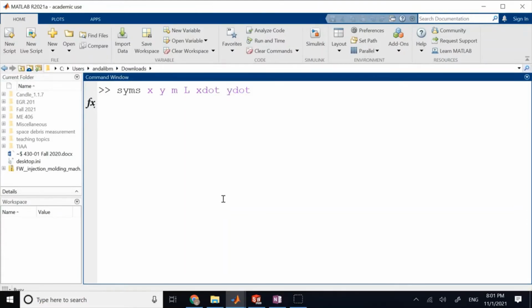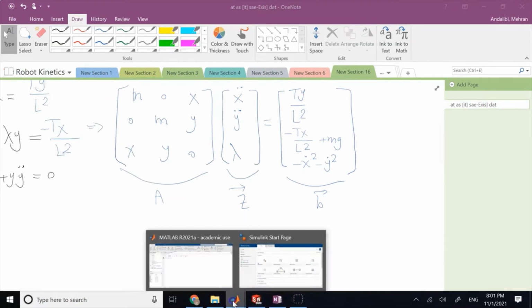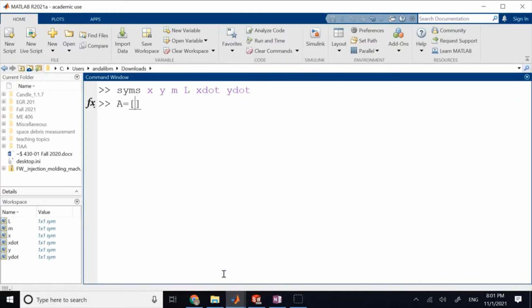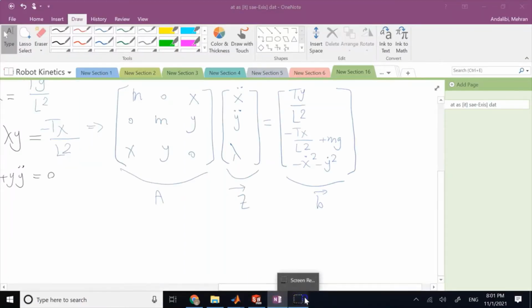I define my matrix A, the coefficient matrix, to be equal to m, 0, x, 0, m, y, correct? So let's write it down: m, 0, x, 0, m, y, and then I had x, y, and 0.